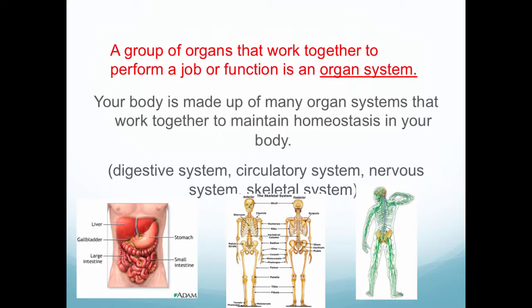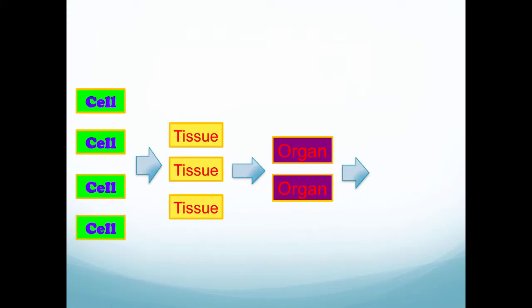So an organ system is a series of organs like your mouth, esophagus, stomach, small intestines, large intestines, all working together to break down that food. So if you take a bunch of cells to make tissue, tissues make an organ, and when you take a bunch of organs, you get an organ system.